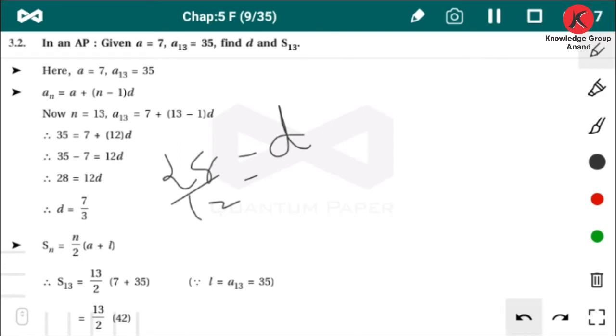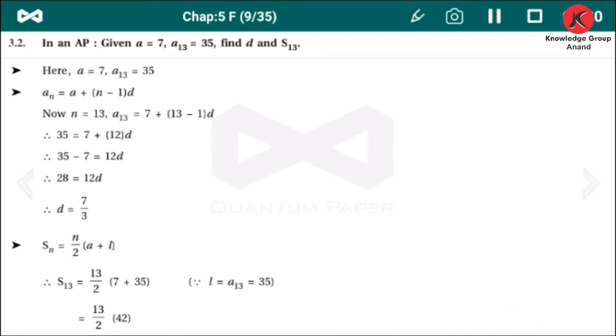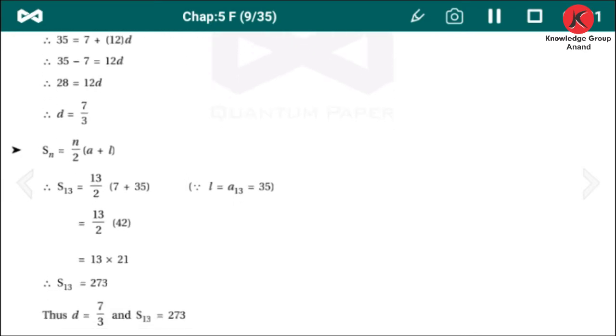Now find S13. Sn = n/2 (a + l). Therefore, S13 = 13/2 into (7 + 35). 7 + 35 = 42. 13/2 into 42.